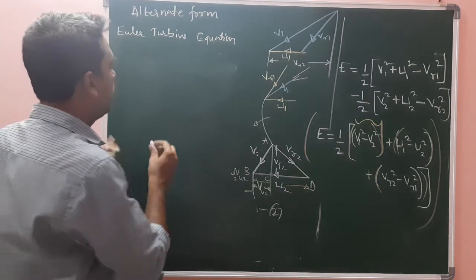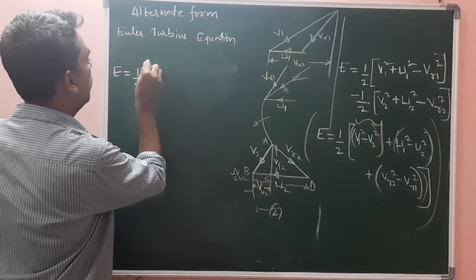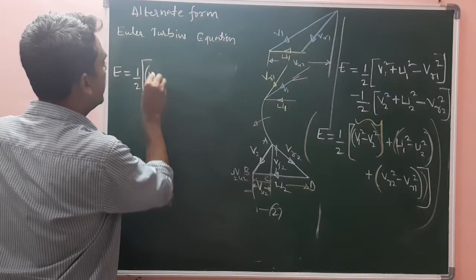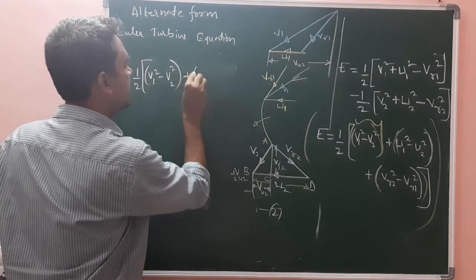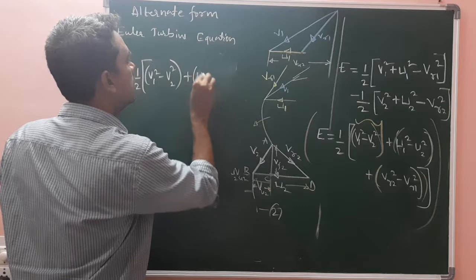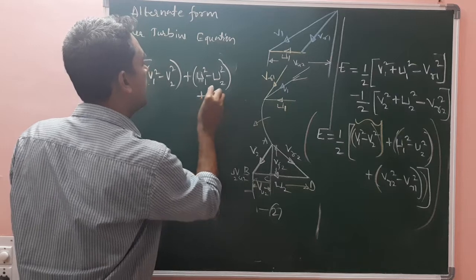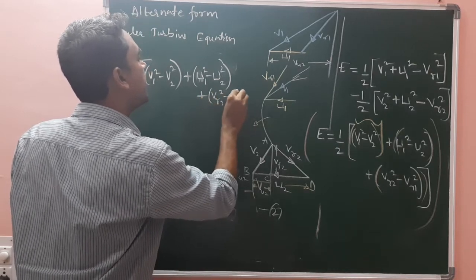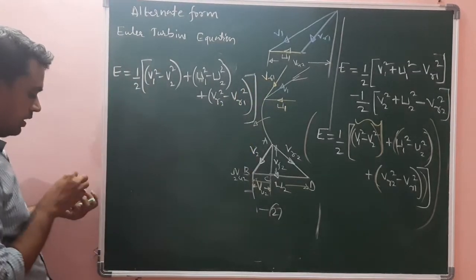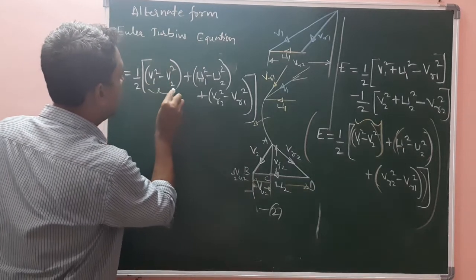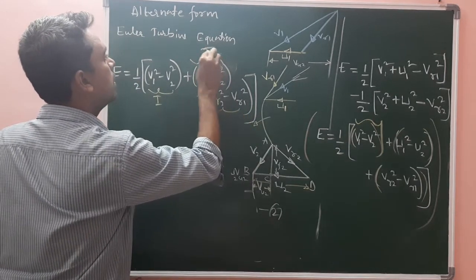E = 1/2 (V1² − V2²) is the first term, the second term is U1² − U2², and the third is plus Vr2² − Vr1². These are the three terms.